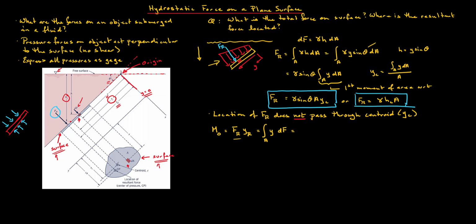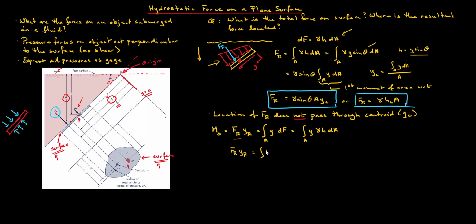So we can express this right-hand side, so we know what dF is. dF, we expressed it up here as gamma h dA. So let's write this out again, so FR yR. And let's express h. Recall that h is y sine of theta.